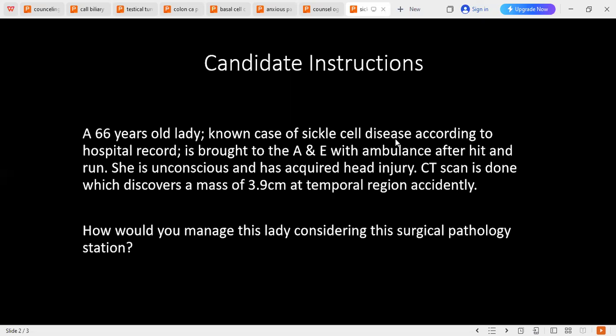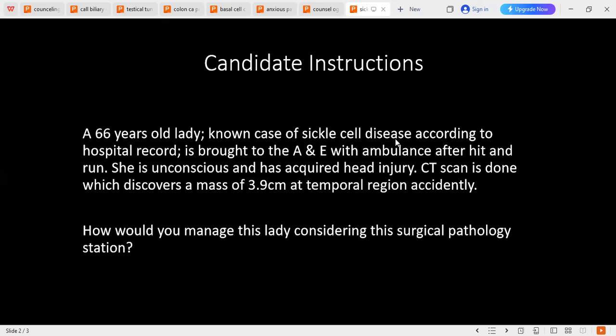Okay. So patients with sickle cell condition are already immunocompromised. So what do you already expect to find in them? Due to autosplenectomy, these patients are prone to infection by encapsulated organisms.